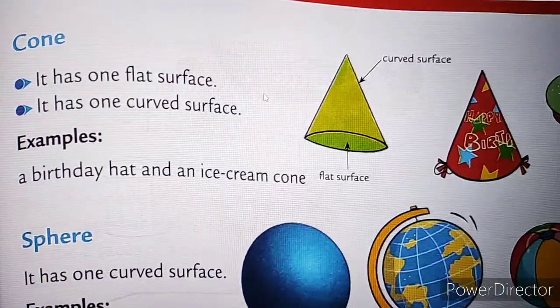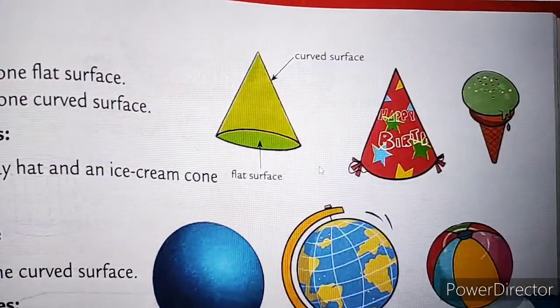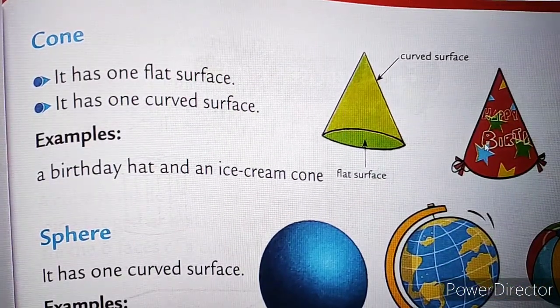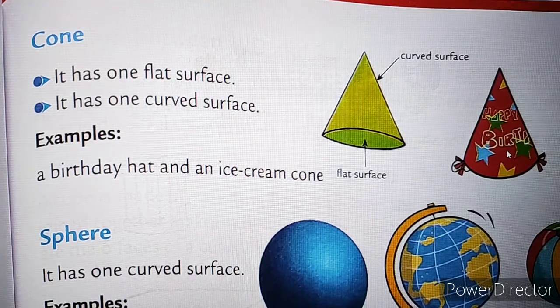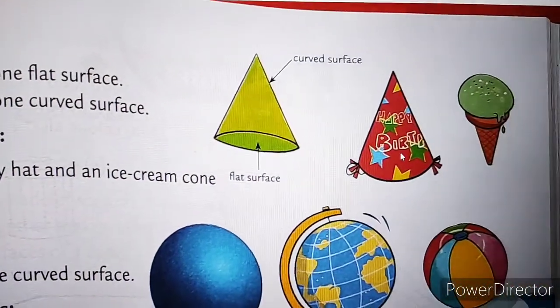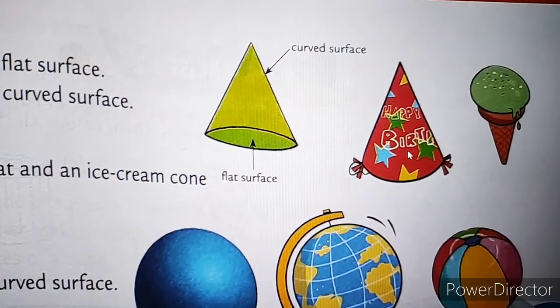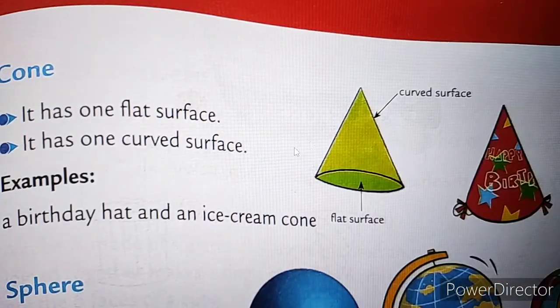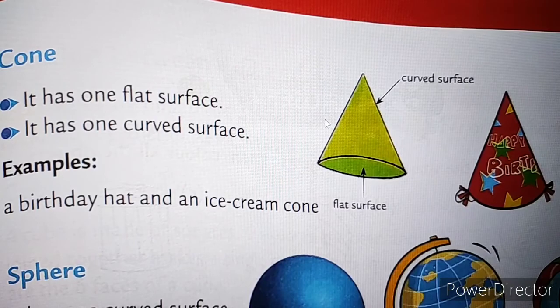This is a cone. Have you seen any birthday cap? Yes, this is a birthday cap. So this birthday cap looks like a cone. Yes, a cone has a curved surface. These are not edges, students. This is a curved surface all around. This curved surface has a point at the top, right? And in the base there is a circle.